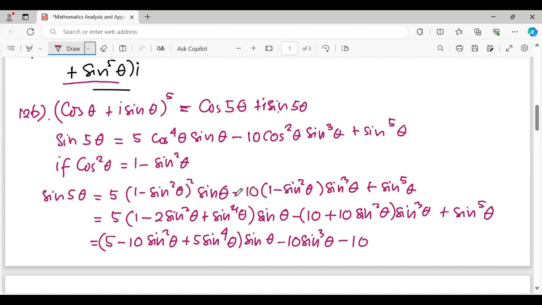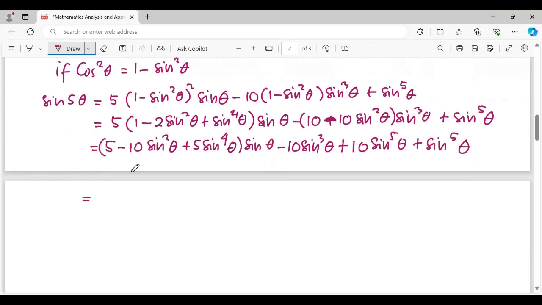Oh wait, this is minus and minus, so it becomes plus. Sine to the power 5 theta.